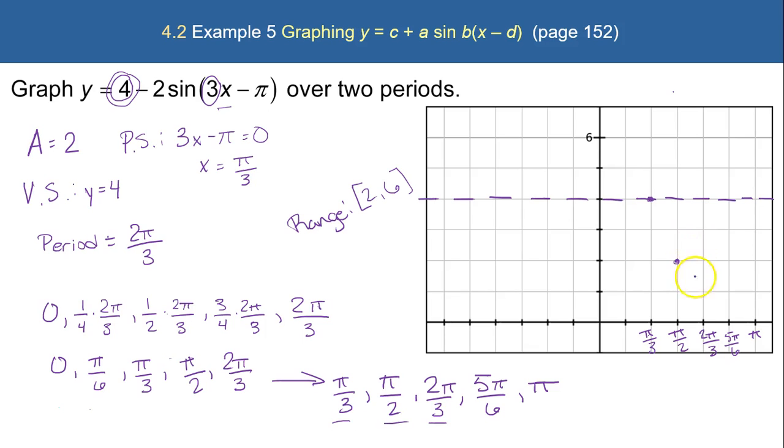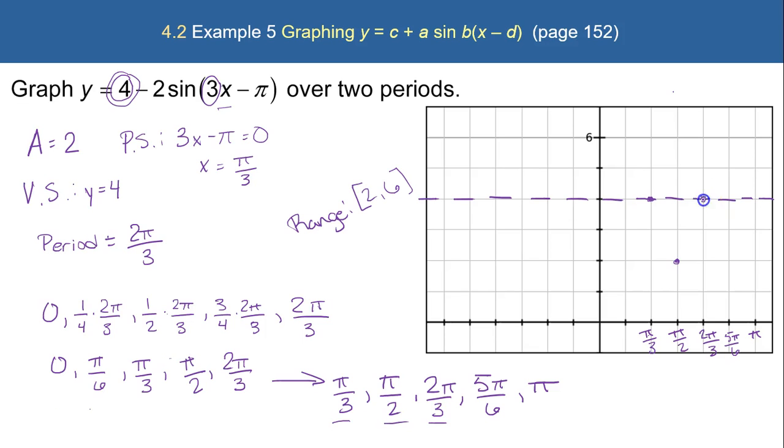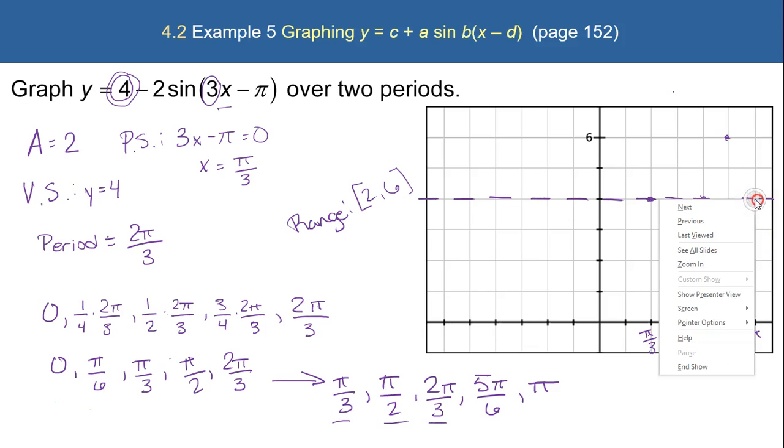So now, on 2 pi over 3, we get the value of 4 again. I can draw it for you. There we go. And then 5 pi over 6, get 6. And then back down to pi, you get 4.